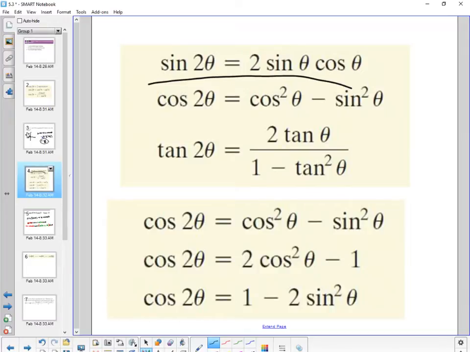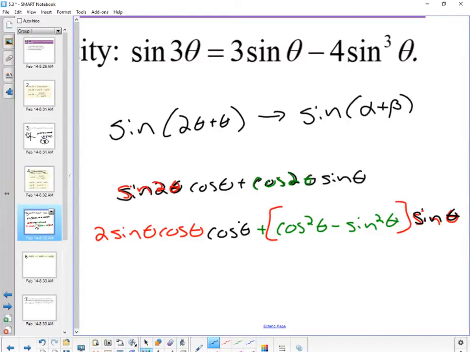So yes, you did. Where'd you pull sine 2 theta though from? Because you took out sine theta.